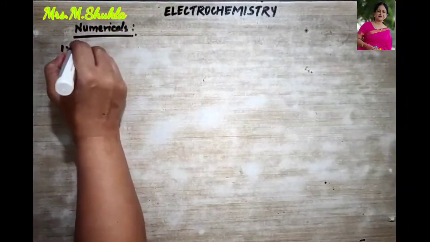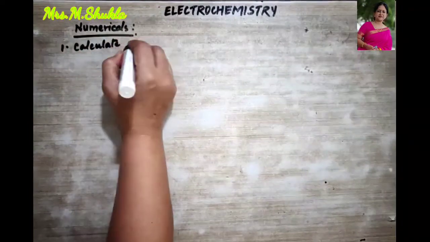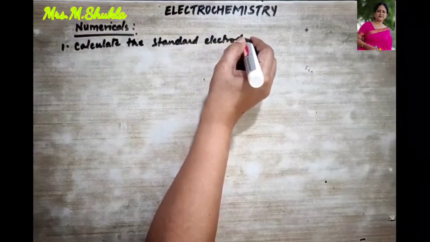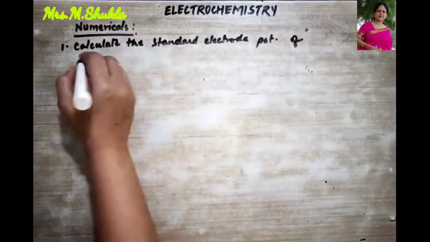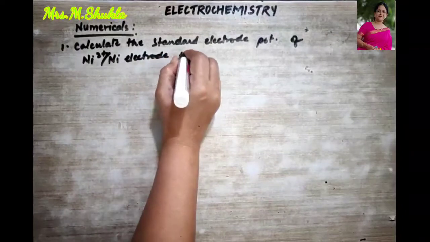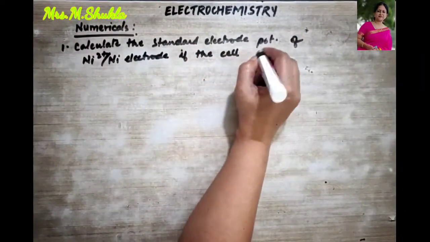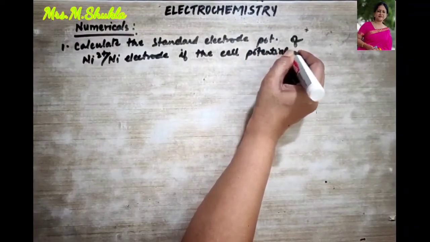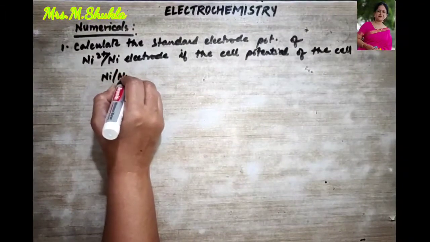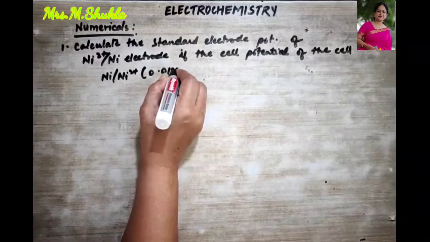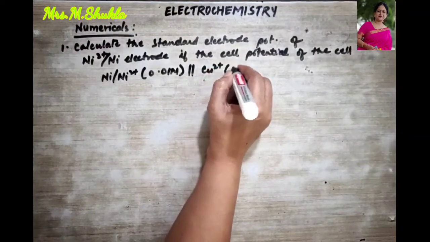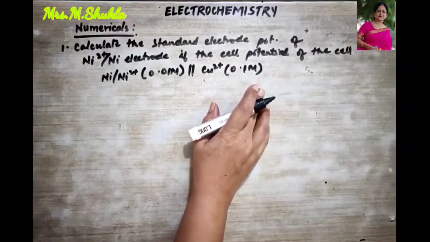Let us understand certain numericals. The question says, calculate the standard electrode potential of the nickel ion to nickel electrode if the cell potential of the cell is given like this: nickel to nickel ion 0.01 molar, then the other cathode is copper ion with the concentration 0.1 molar, right?